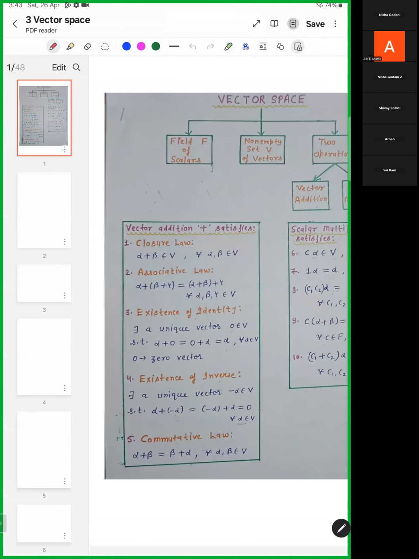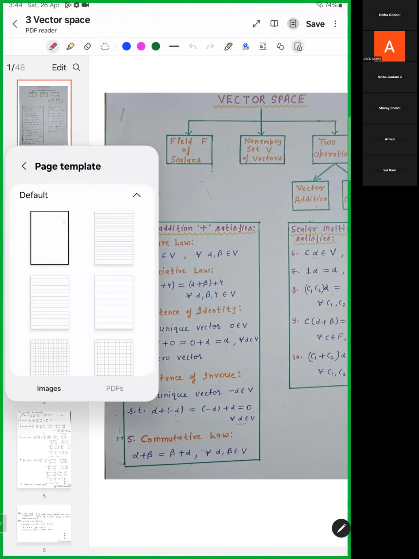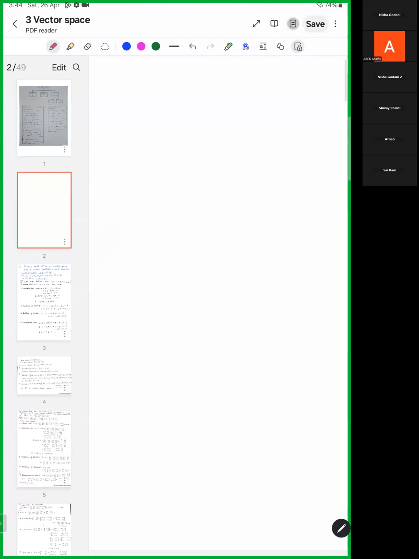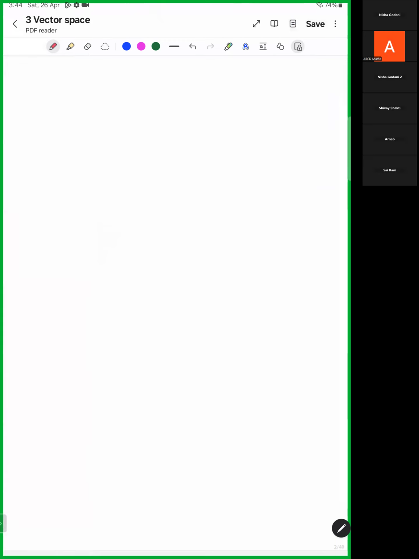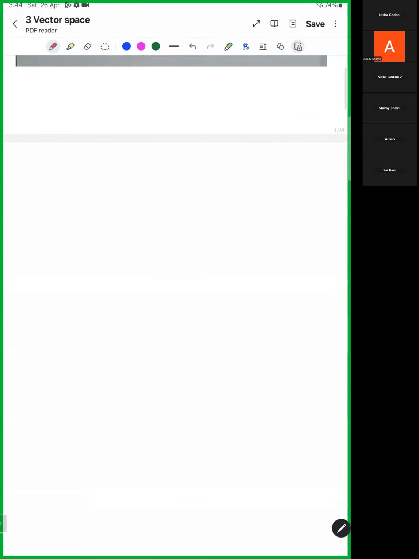See, just a minute while I add another page here. You might know about vectors like this. Suppose you have a point O and a point P. If I join O to P, then OP is a line segment.